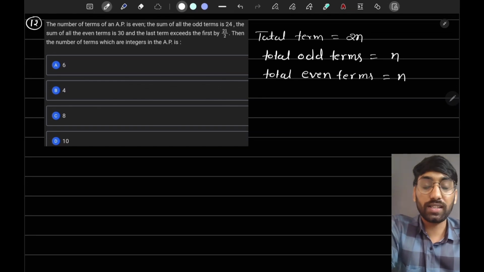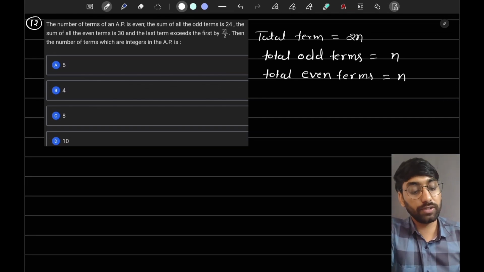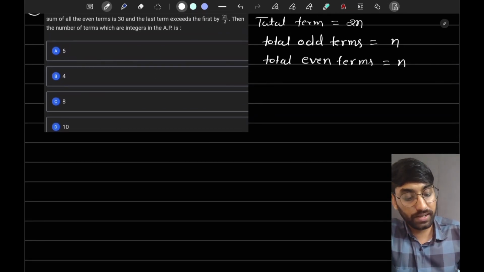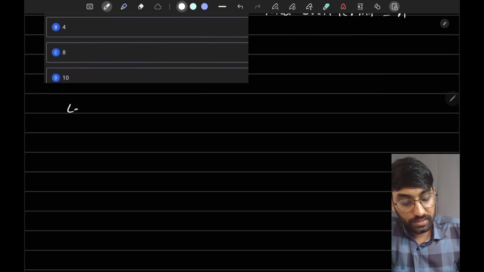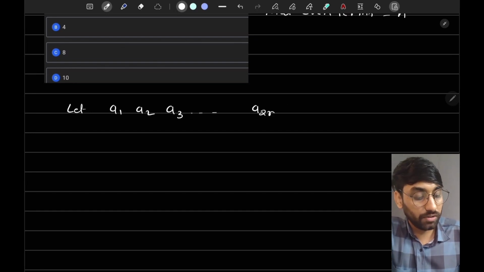Now what they are saying is that the sum of all the odd terms is 24. So before doing this, firstly I will assume that the sequence is nothing but a1, a2, a3 and so on till a2n. Here I will assume that the first term a1 is nothing but a, and the common difference is D. Correct?